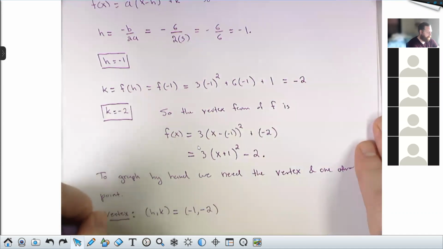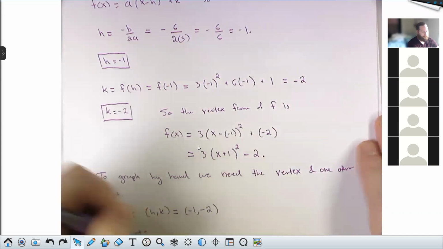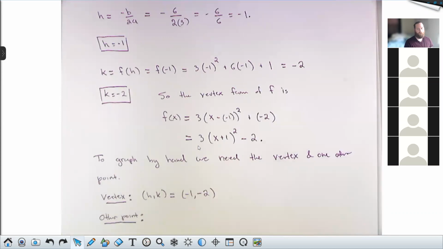Now to get one other point, what could I do? What could I do to get one other point on the graph of this function? Any other point, I don't care. How do we get points on the graph of a function if I have a formula?